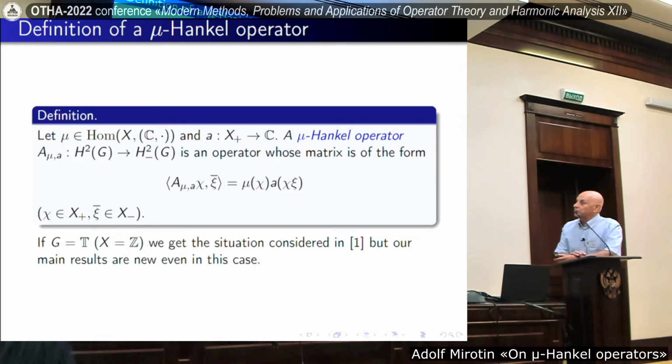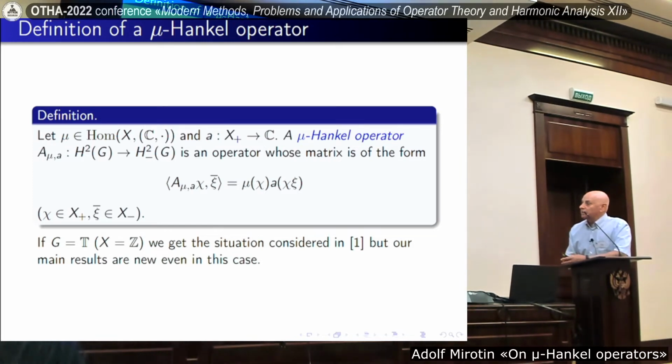Then a mu-Hankel operator A sub mu A between the spaces H2 of G and H2 minus of G is an operator with the following matrix whose entries look as follows. It should be noted that X plus is the orthogonal basis of H2 of G, and X minus is the orthogonal basis in H2 minus of G. So the scalar inner product of A chi multiplied by xi bar is the general form of the entry of the matrix of this operator A with respect to the bases X plus and X minus of these Hilbert spaces H2 and H2 minus.